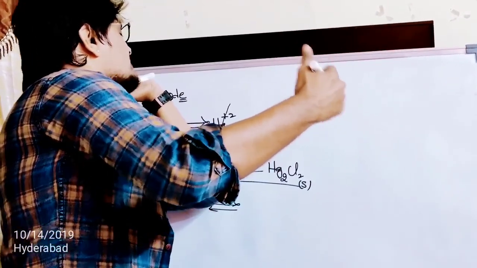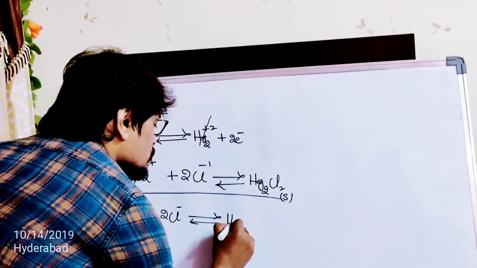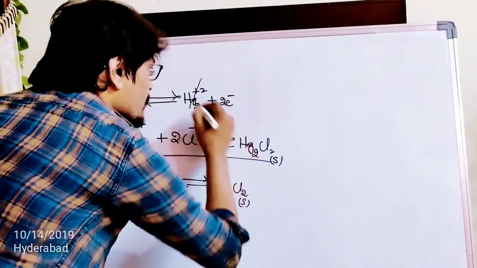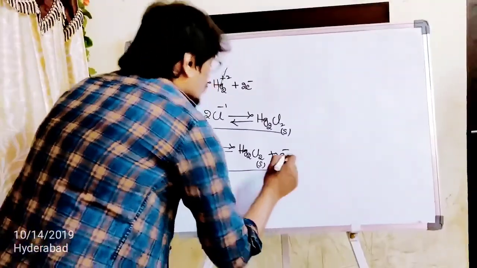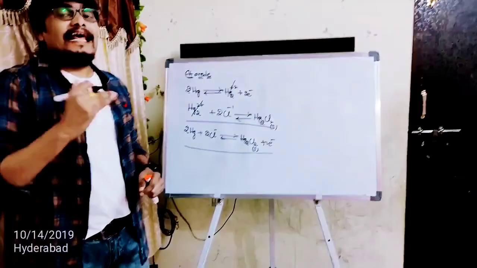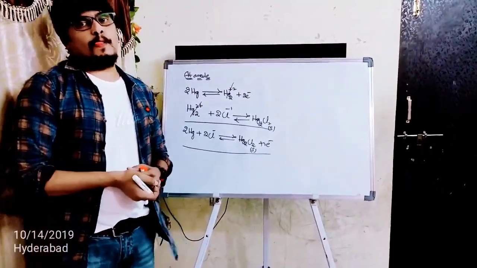What is left on the right side? Hg2Cl2 solid plus 2 electrons. So these are the reactions which occur at the anode during the functioning of the saturated calomel electrode.